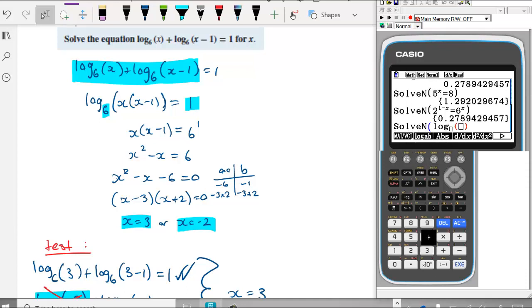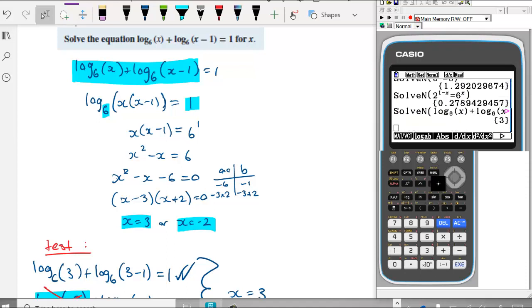So we have log base 6 of x plus log base 6 of x take 1 is equal to 1, close our brackets, tells us there may be more solutions, and it gives us our answer of 3.